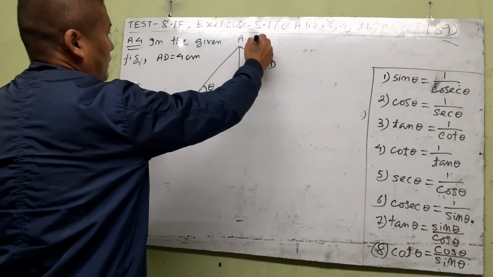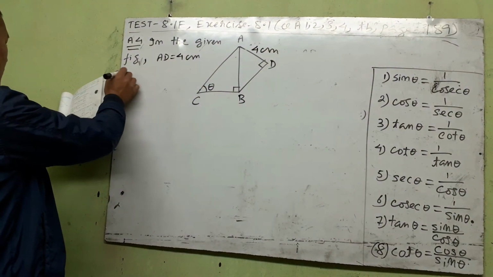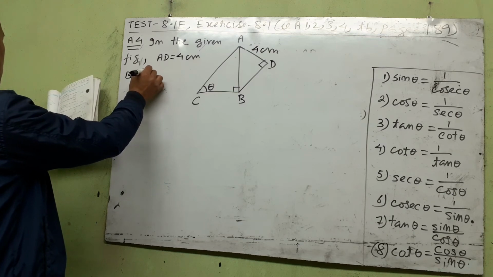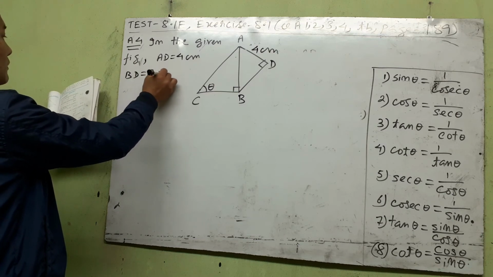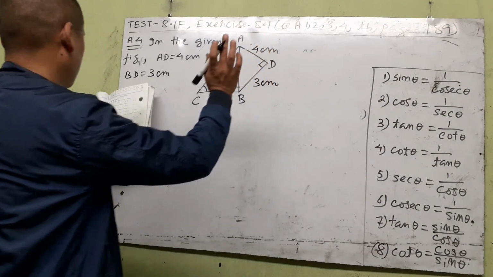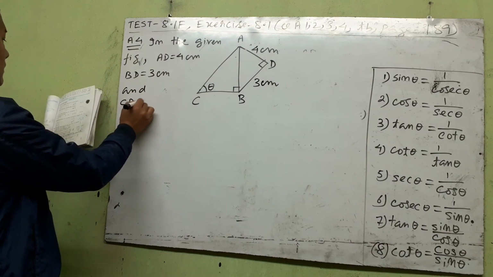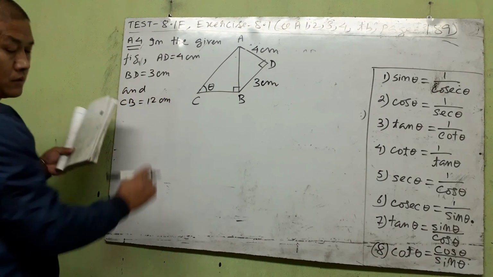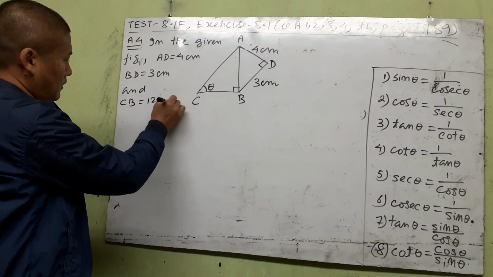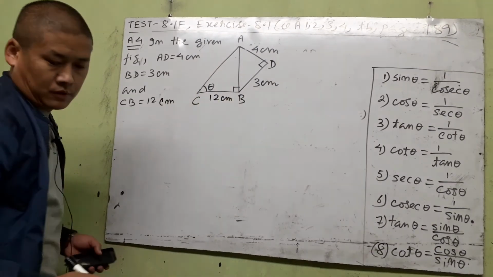So this AD is 4 centimeter. Then BD is equal to 3 centimeter. And then finally CB equal to 12 centimeter.